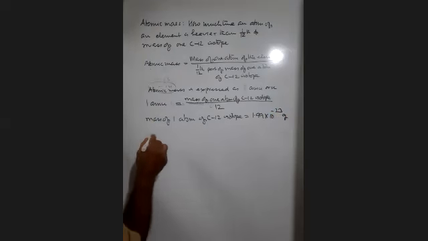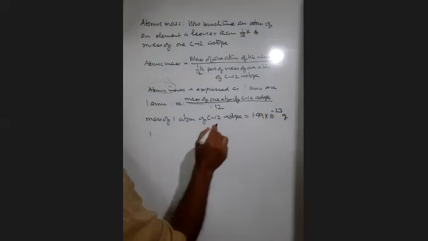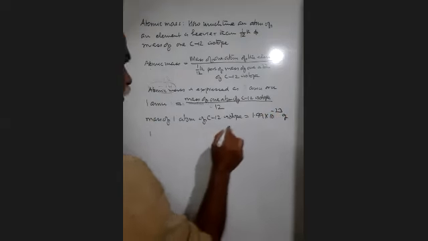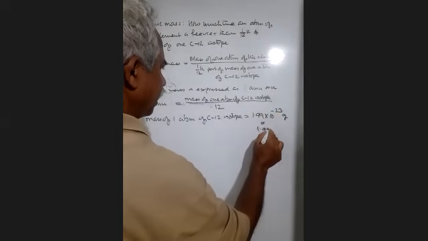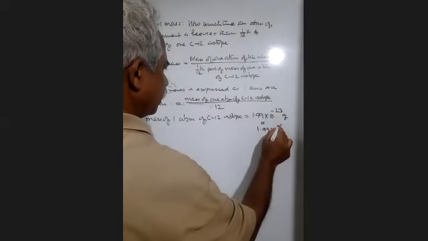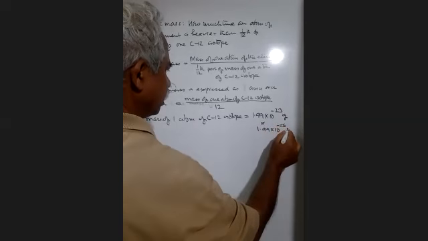Or what you can write: 1.99 into 10 to the power minus 26 kg.